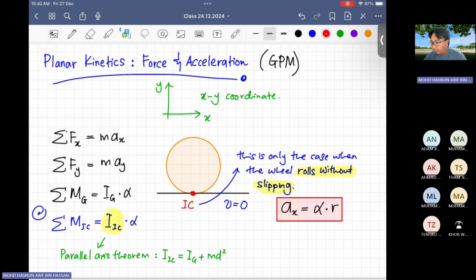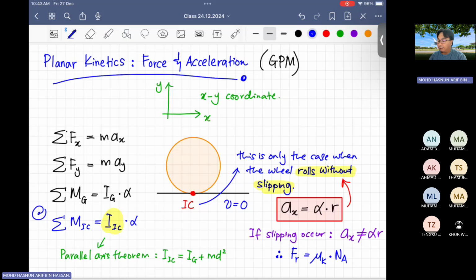If slipping occurs, then we cannot use this, then AX is not equal to alpha R. So what you need to use is the friction formula, which is friction FR equal to mu K times the normal force NA.